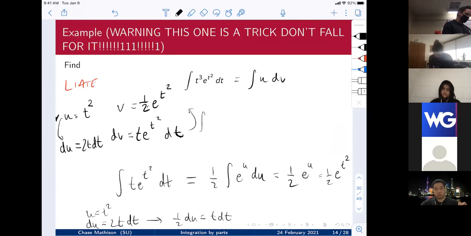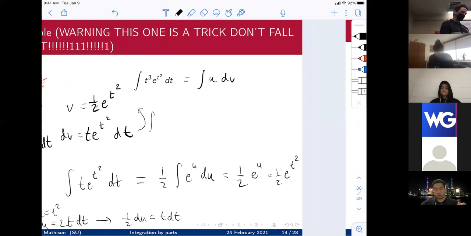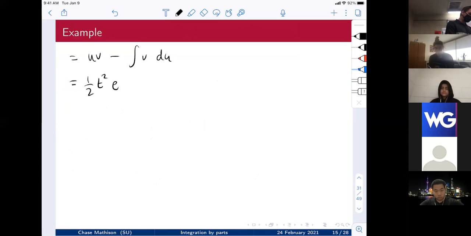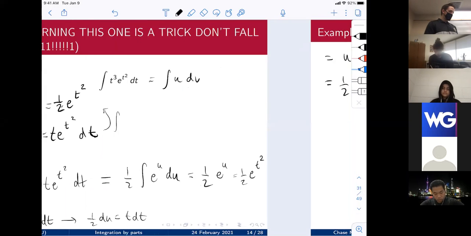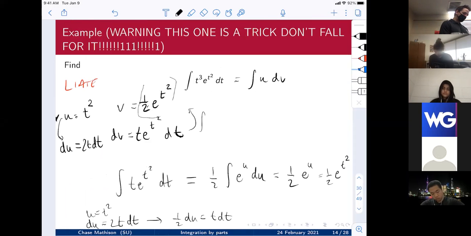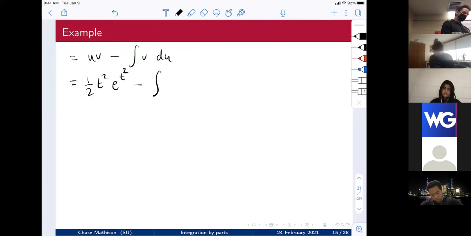Well, u times v gives me 1/2 t squared e to the t squared, minus the integral of v du. That's 1/2 e to the t squared times 2t dt, and 1/2 times 2 is 1. So I just get t e to the t squared dt.